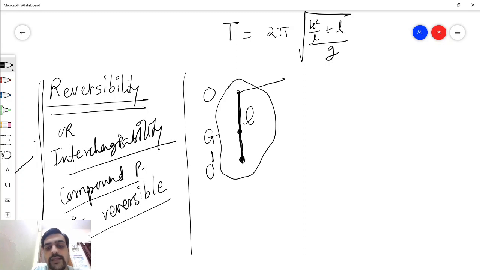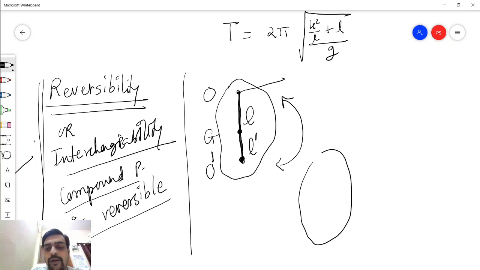This is just an imaginary point, and we can call this distance L dash. And in principle, we can revert this pendulum and make it oscillate about an axis passing through O dash. In that case, this will be L dash, this will be G, and this point O will now be below G.